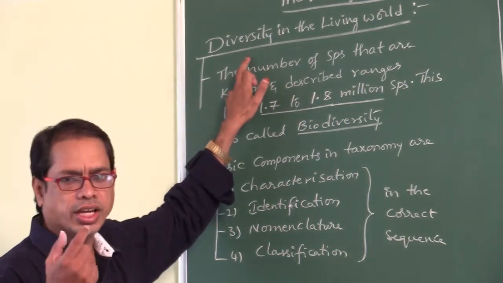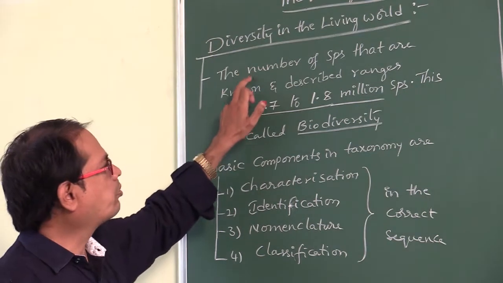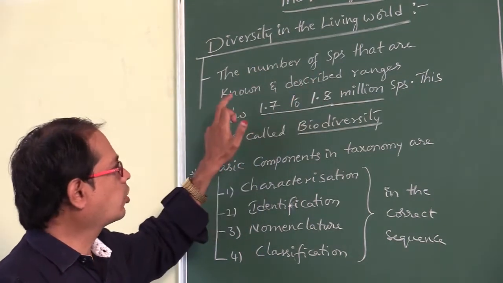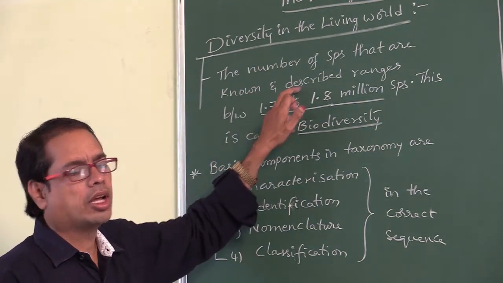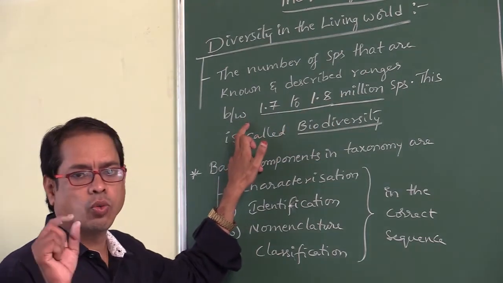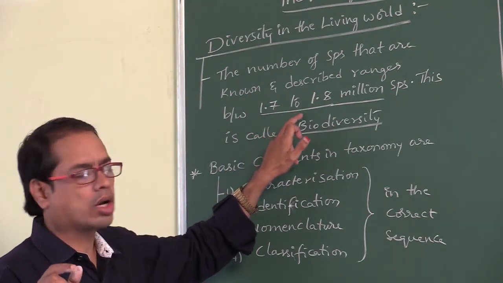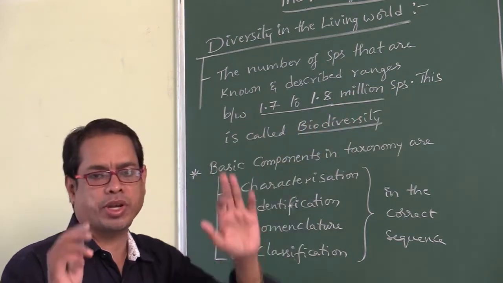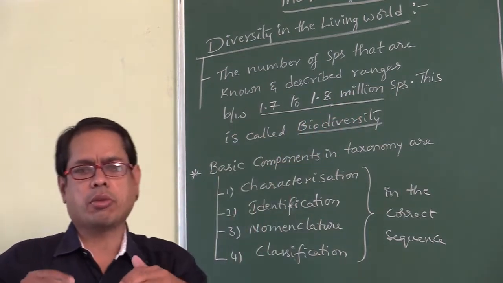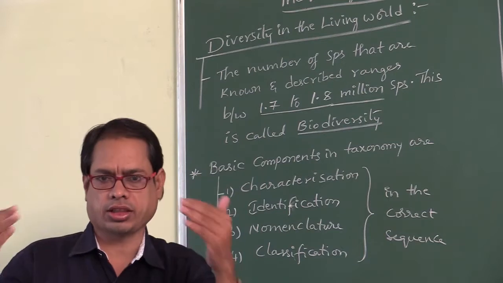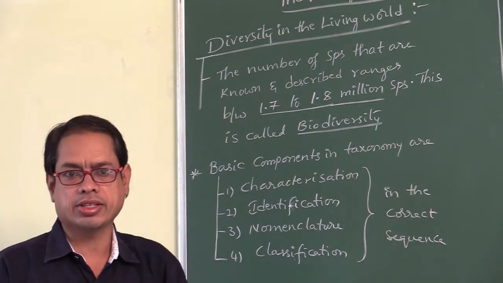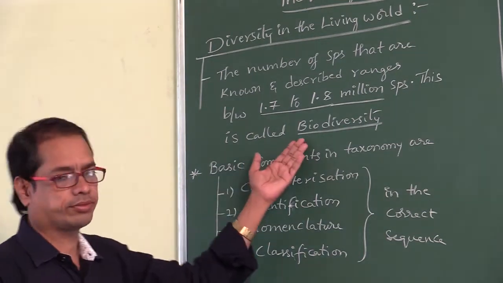Diversity means difference. The number of species that are known and described ranges between 1.7 to 1.8 million species present on the earth. That will be called biodiversity.